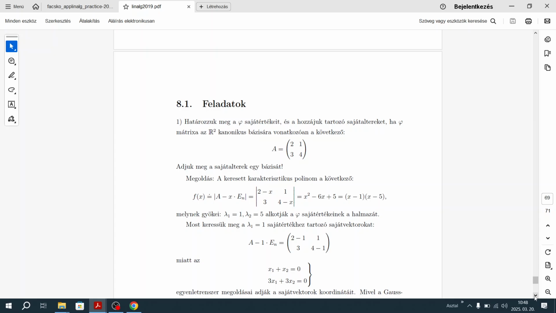No, it's okay. So x2 is 3x1. So the subspace of this second eigenvalue is vectors where this is t, this is 3t, and t is a real number.